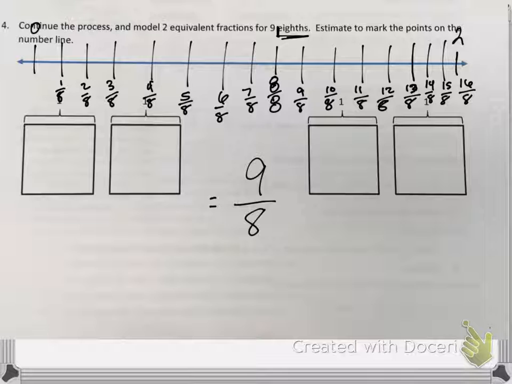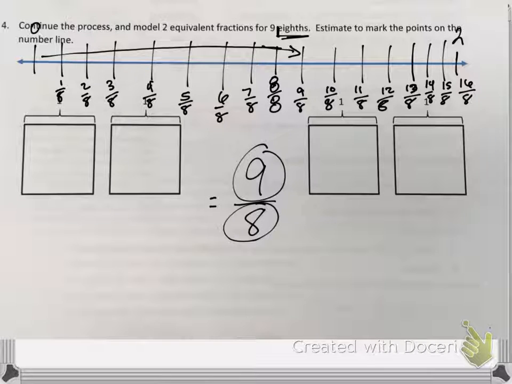All right, so we had on the number line, and we are going all the way to 9 8ths. We estimated to mark the points on the number line. Like I said, we knew we were just going in 8ths, and we knew that 9 was more than 8, so we stopped at 9/8 on the number line.